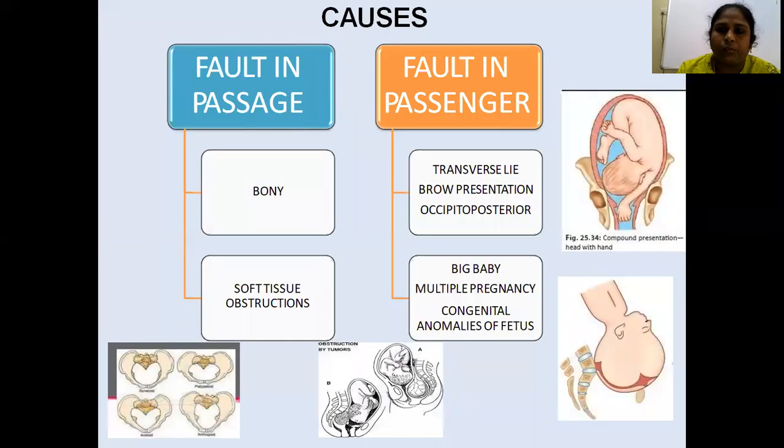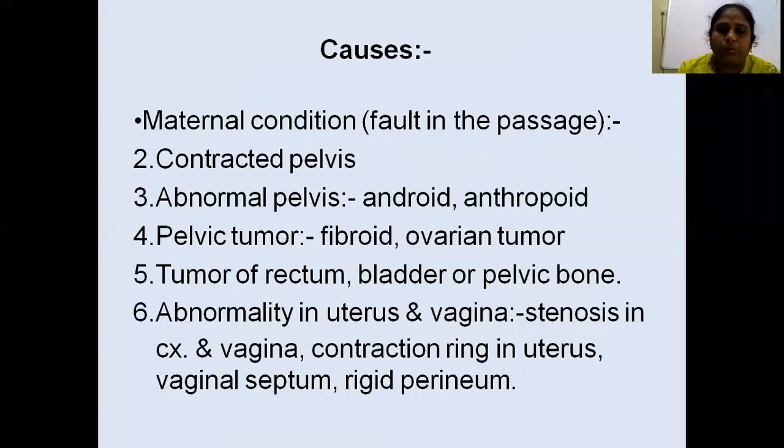The causes of obstructed labor are the same as abnormal labor. It can be a fault in the passage or the passenger. Coming to the fault in the passage, that is the birth canal, the conditions responsible are contracted pelvis, abnormal pelvis, that is not gynecoid, like android, anthropoid, and any pelvic tumors obstructing the passage, like fibroids, ovarian tumors, tumors of the rectum, bladder, or any pelvic bone.